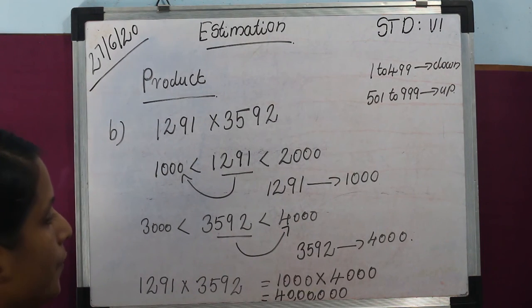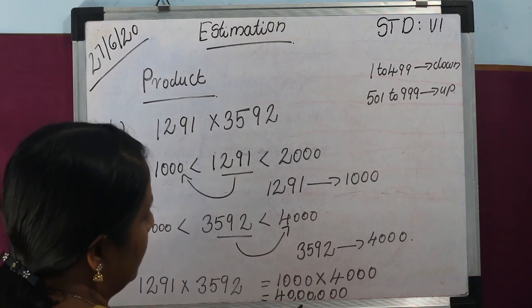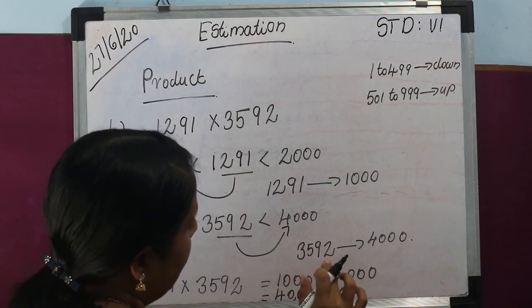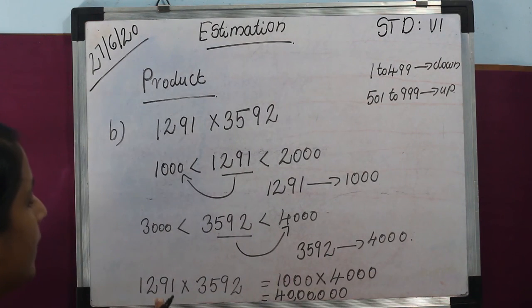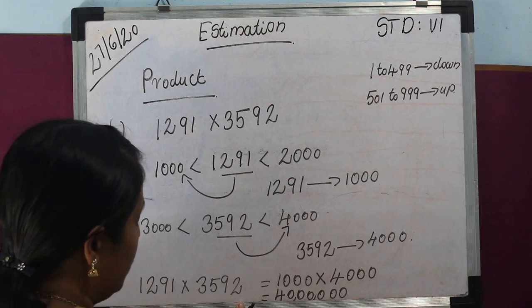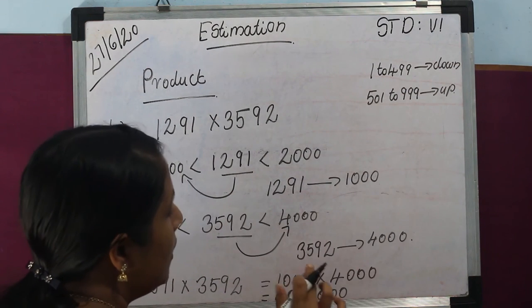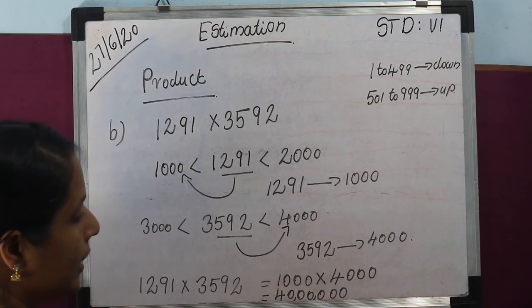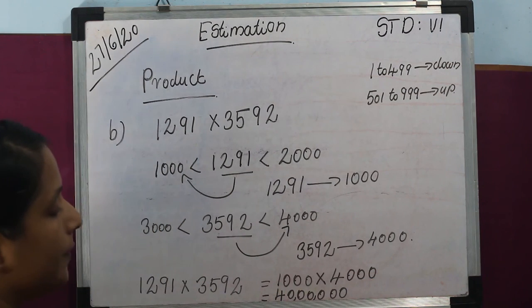Next we take the number 592. We know that 592 is rounded up to the next number. Therefore 3592 is rounded up to 4000. Write our question 1291 into 3592. In the place of 1291, we now get the number 1000 multiplied by 4000. So multiply these numbers, then we get the answer.